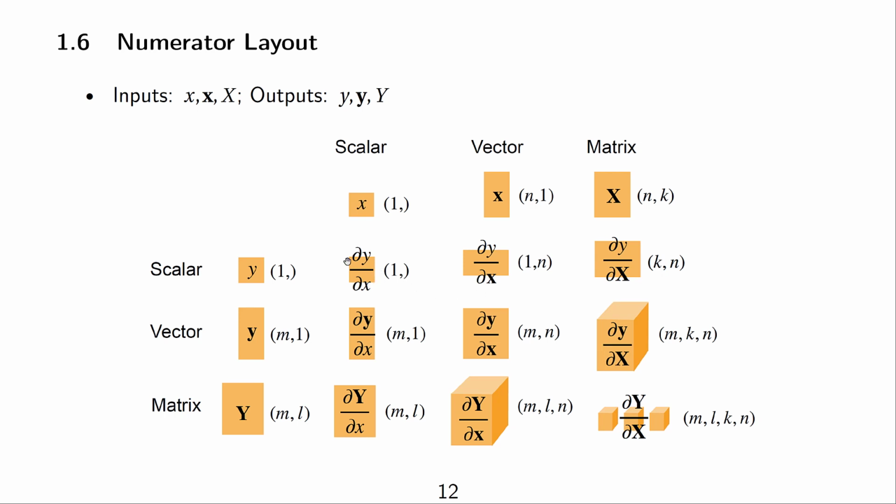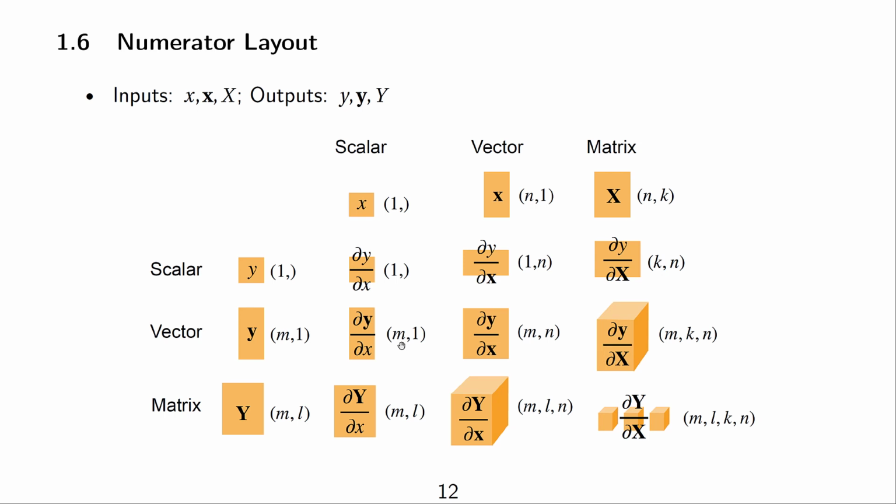Now here, you could say this shouldn't be a partial but should be a dy dx. But actually, I like this consistency here a lot, and I guess that's why they just write this same notation with the partial for all the cases. So now, let's again look at this case. We have a vector as output, but only a single variable as input. So in this case, dy dx is a column vector.